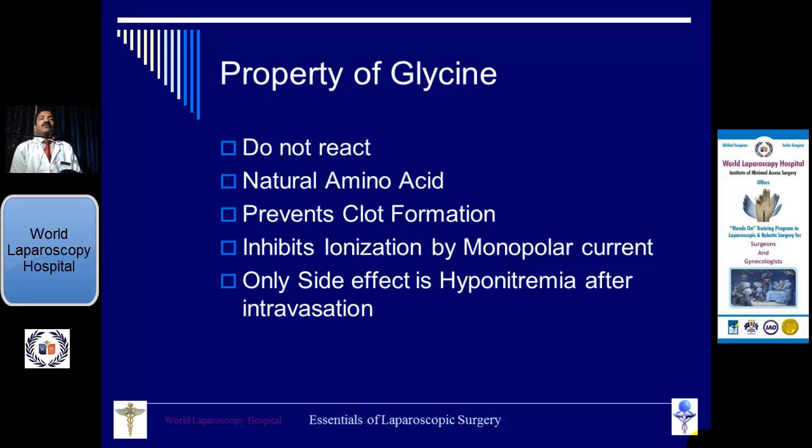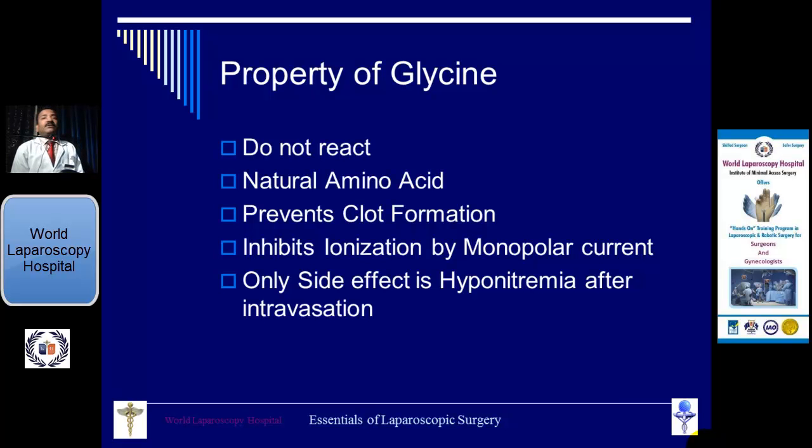So your nurse should be given this instruction. They should keep talking with the patient for at least a few hours after the procedure, because sometimes hyponatremia reflects its symptoms a little delayed, and in those situations you will be in trouble. Serum electrolytes also have to be done in case of any doubt.